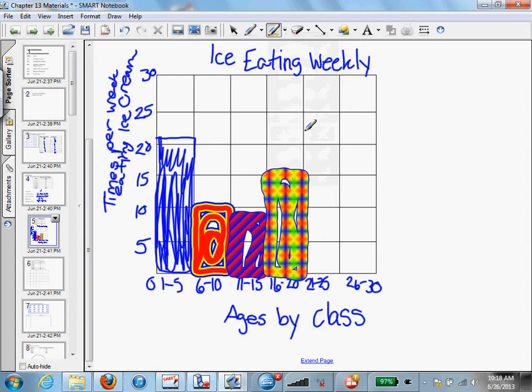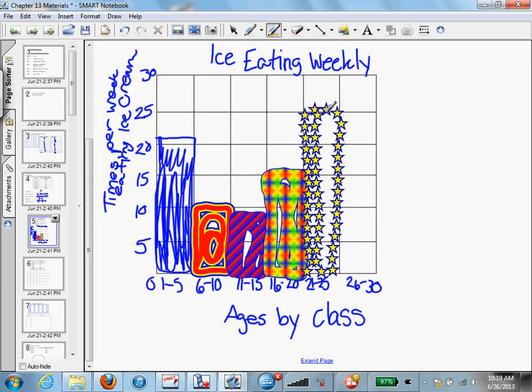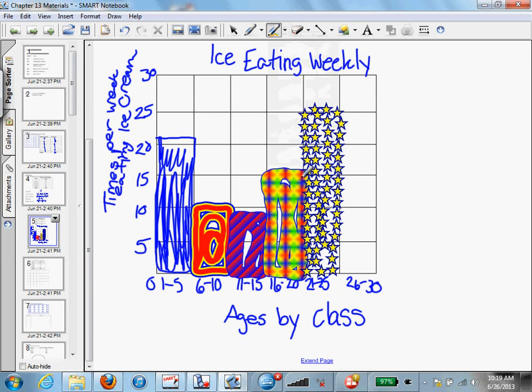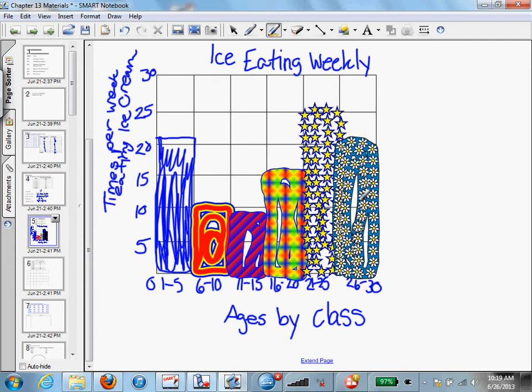Okay, 21 to 25 eat the most at 25. Okay, and 26 to 30 range, they eat 20. They eat a lot of the ice cream. So that gives you a rough idea of what a histogram looks like.